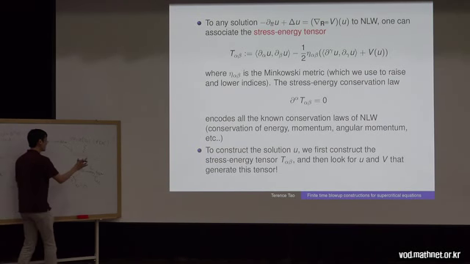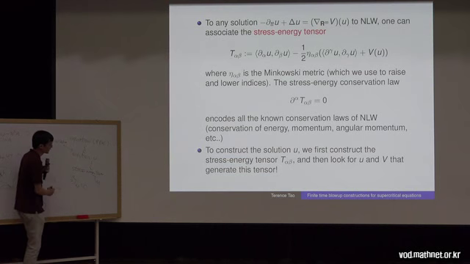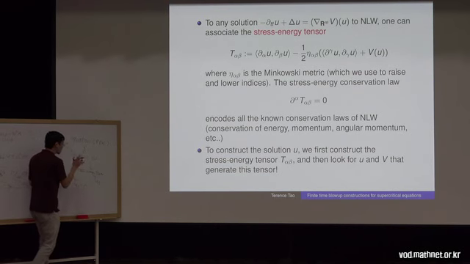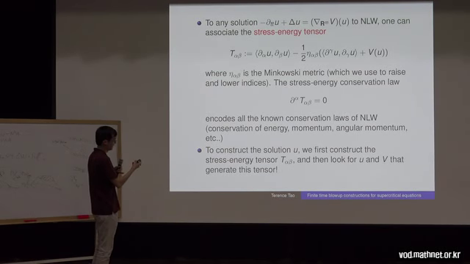It has to obey certain conditions like this conservation law. Once you guess what your tensor is, you then find a solution U that has that stress energy tensor. So you have to solve this equation here, where T is the data and U is the unknown.